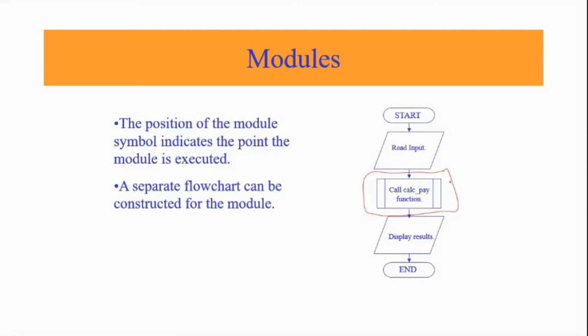In order to represent a function, or a special module, we use this shape, a rectangle with two small boxes on either side. This represents that there will be a separate flowchart for this module. Whatever is written inside will have another flowchart, a second flowchart available for the calculate pay function. So that is a module.